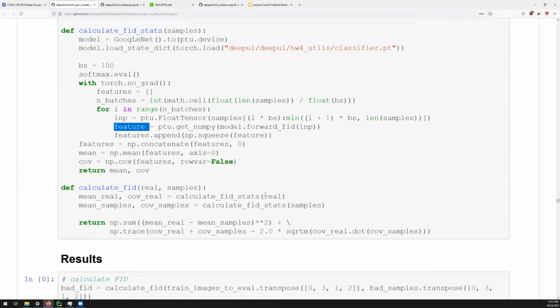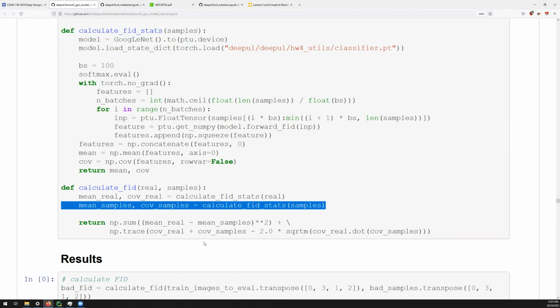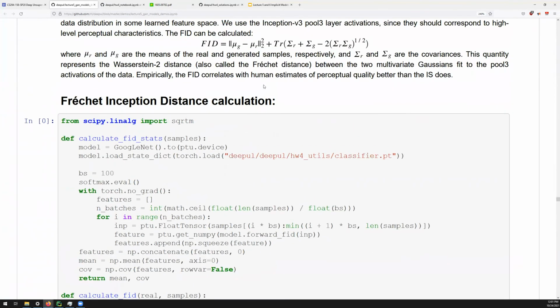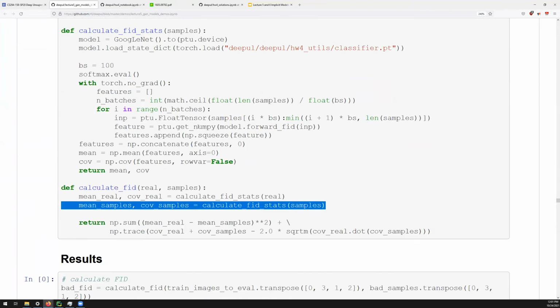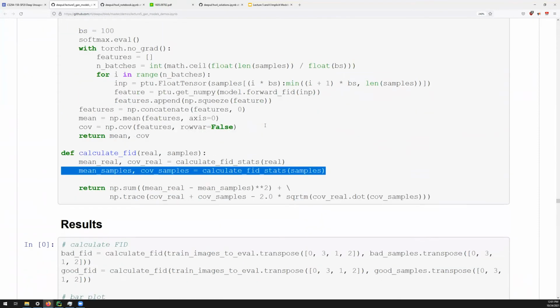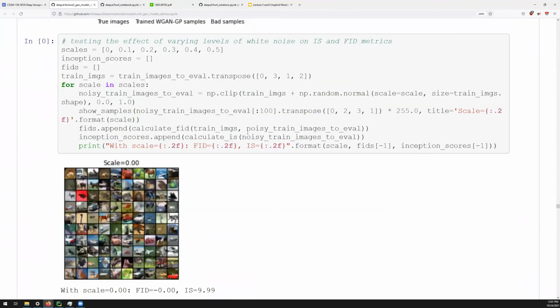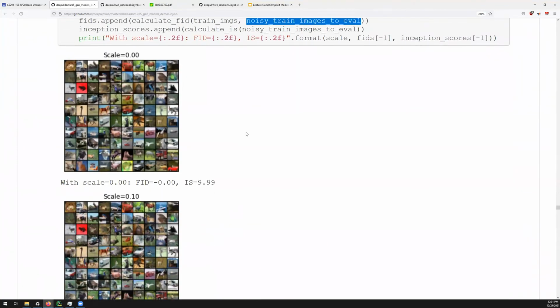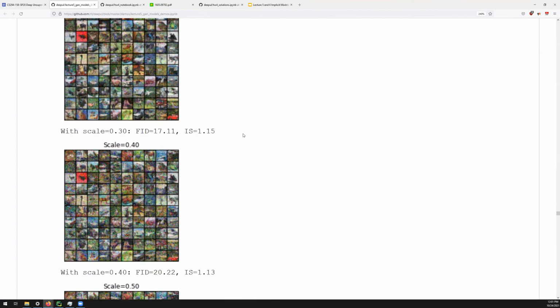Okay, here it is. So you do it for all the real ones, you do it for all the samples, and then you subtract it. Okay, this makes sense now. Sum and trace. Trace is the standard deviation. Okay. So any questions on this one? I think that's all there is.